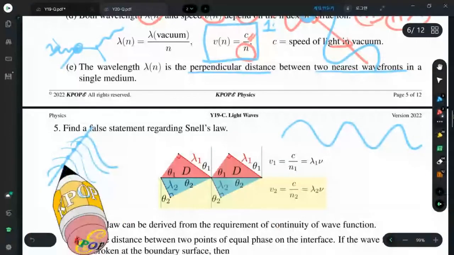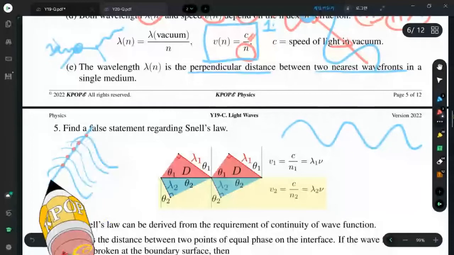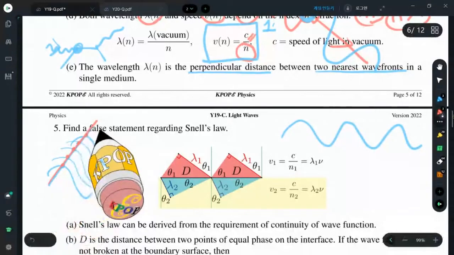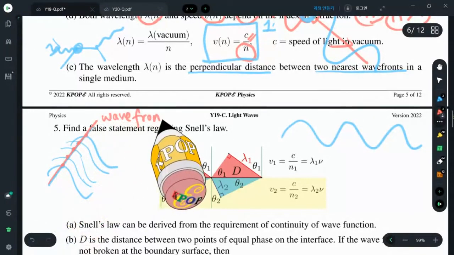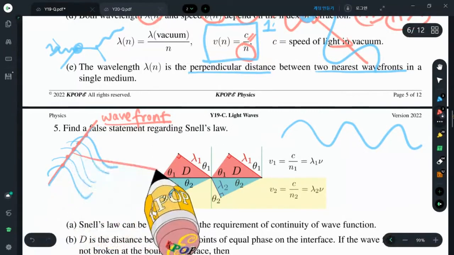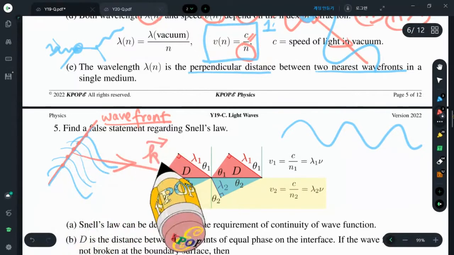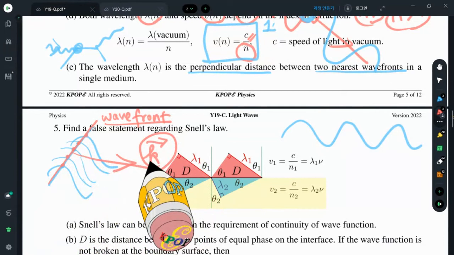If we connect all of the points that have the same common phase, then we call it a wavefront. And the wavefront is perpendicular to the wave vector that designates the direction of propagation.